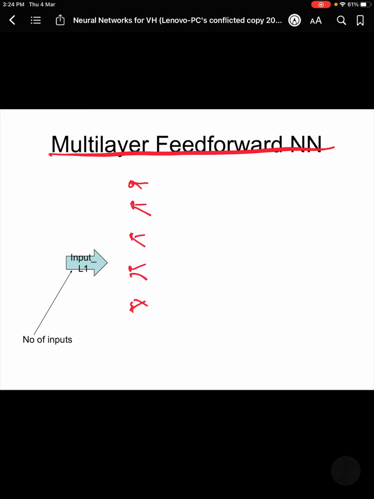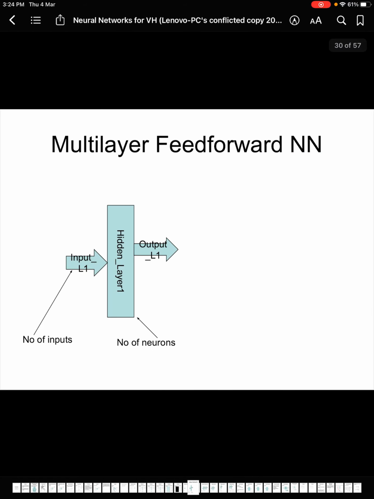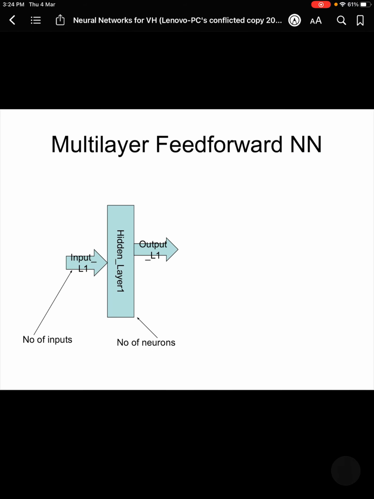Then from the input layer, this is the hidden layer, and the output of the hidden layer is the output of layer 1, and this can be defined by the number of neurons you have in the hidden layer. So these two could be independent, the number of inputs and the number of neurons in the hidden layer.